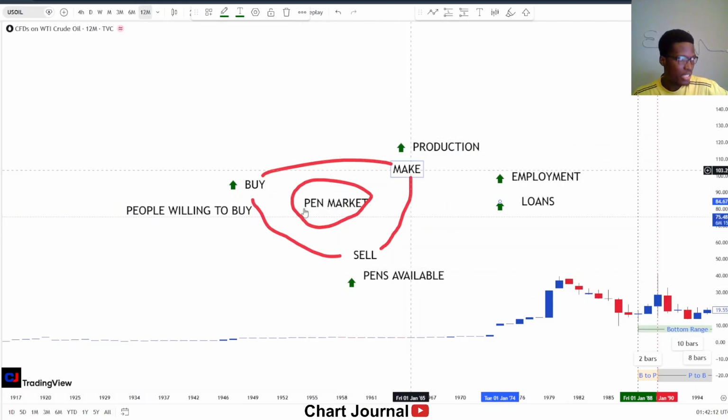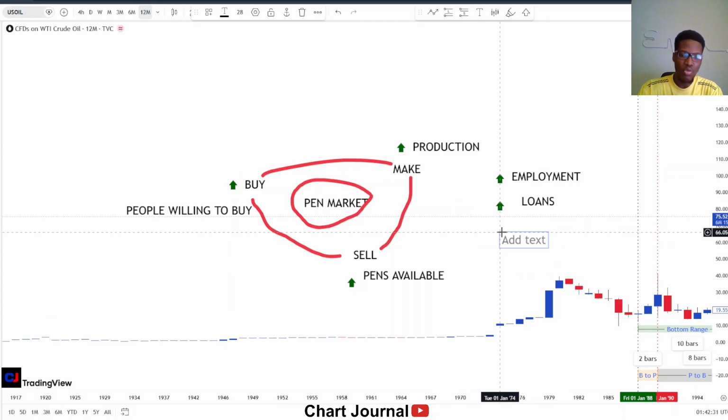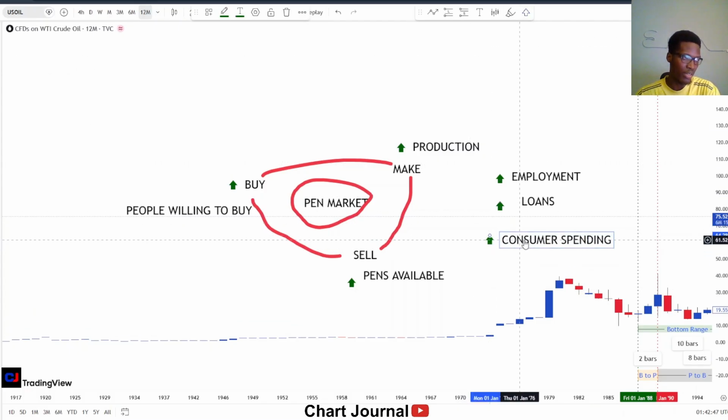So these same employees are also going to buy more pens, which means the buyers are going to increase, production is going to increase, more pens are going to be available, more people are making money, so they're going to buy more pens, and the cycle continues. Once you are being employed and you have wages, you are likely to spend. So we have an increase in consumer spending. This is a trend we like to see in a growing or good economy.